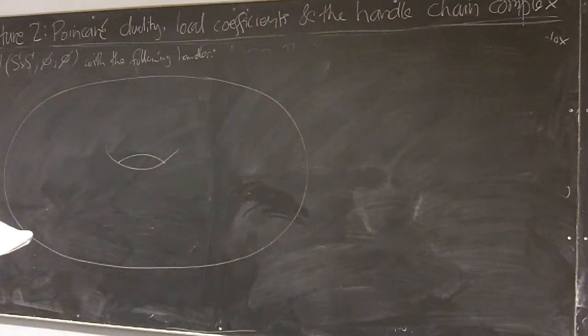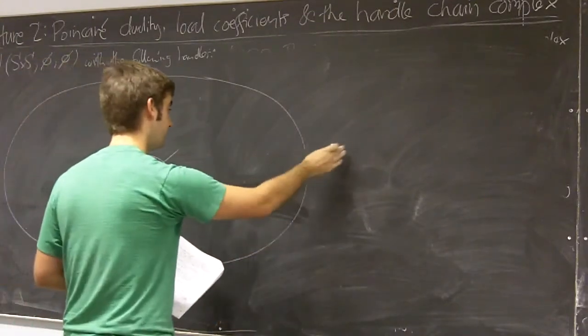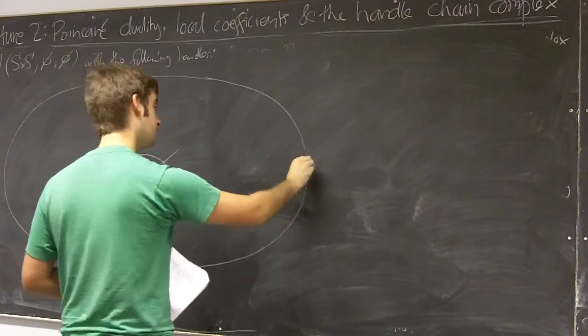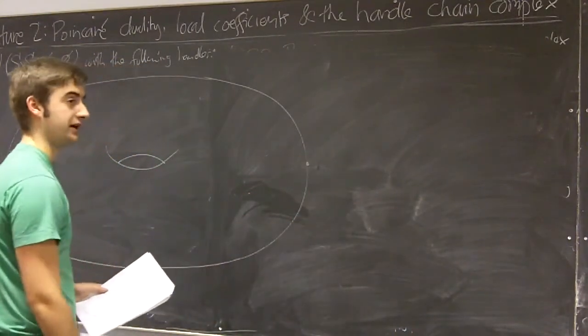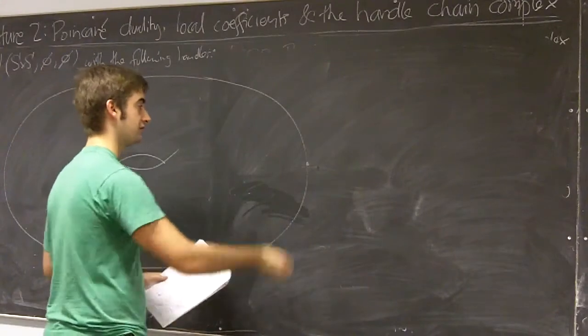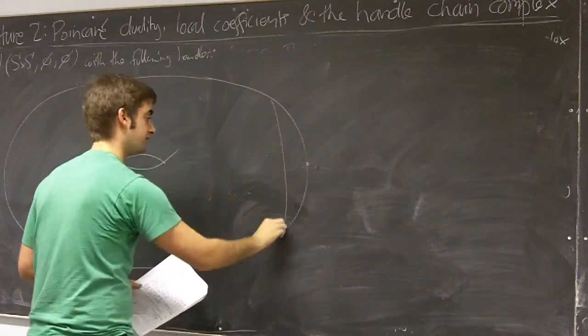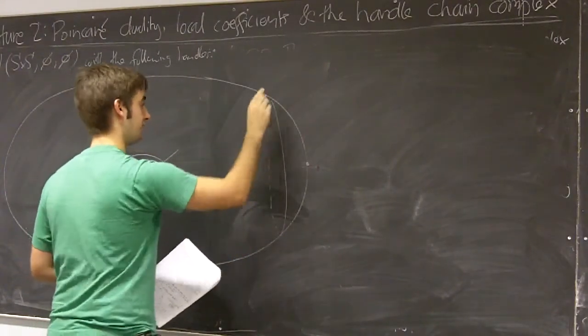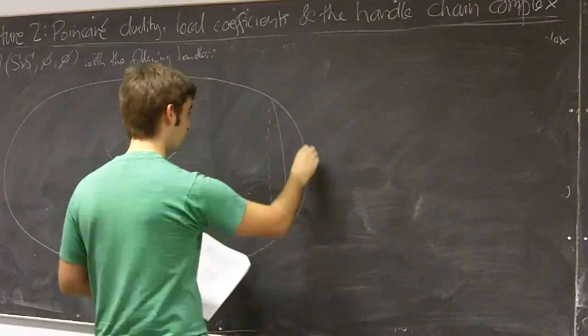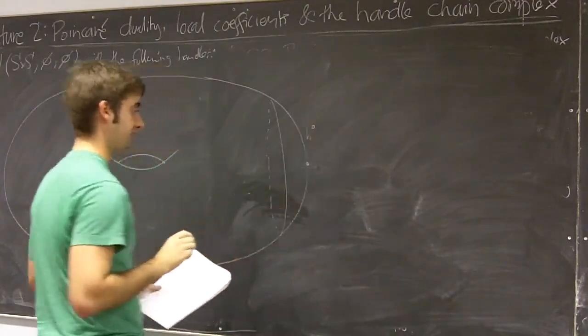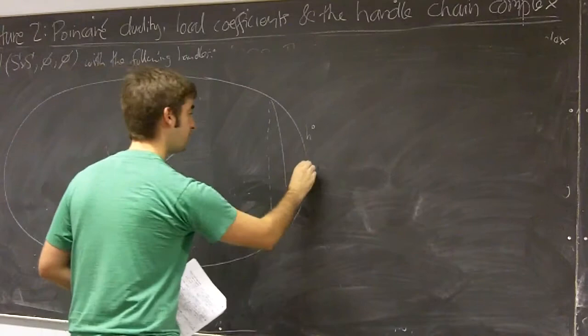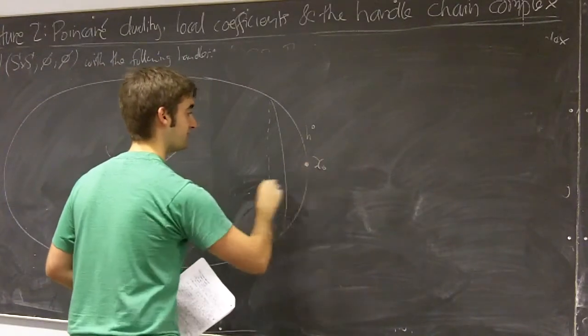And the handle structure we get is, so let's start on this side. First we attach a 0 handle, which is a D0 cross D2. This gives us a disk around like this. I'm going to call this H0. This is our 0 handle. And we'll take this point to be our base point X0.